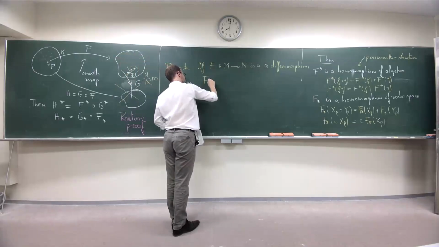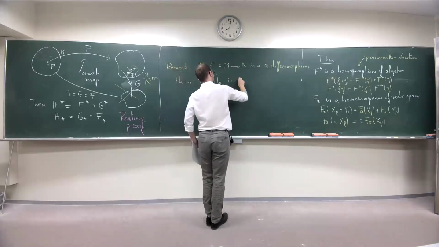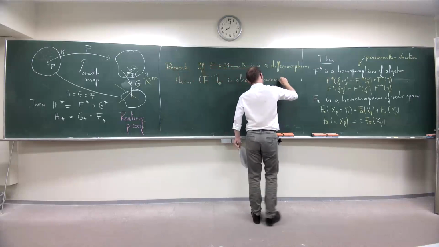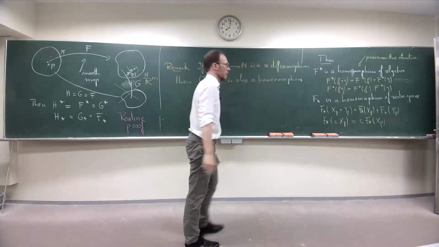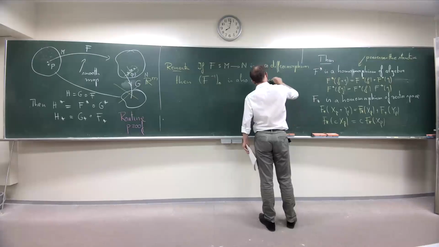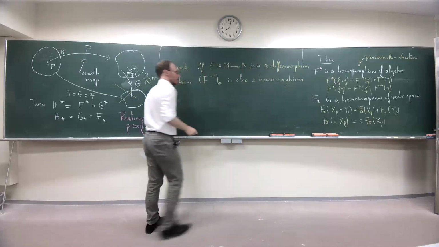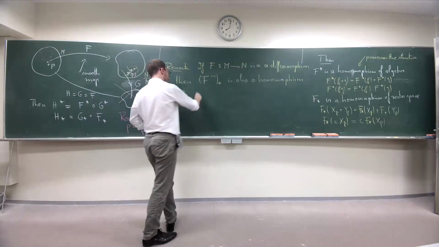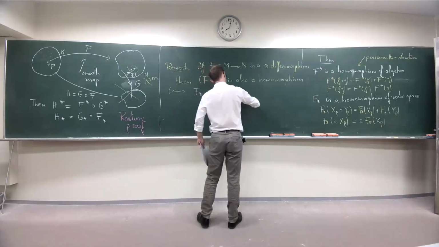F minus 1 star is also a homomorphism. So it means you can have the same properties for the inverse, and it implies, or we say that F star is an isomorphism.